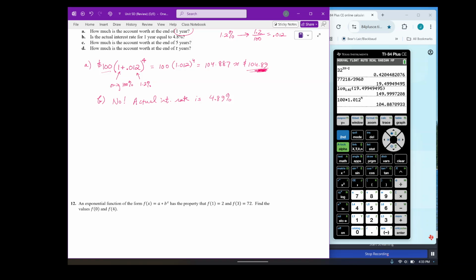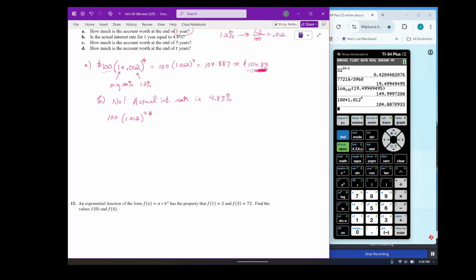But if you wanted to calculate it in a more straightforward, in a certain way, algorithmic way, the way you do it is like this. It's 100 times 1.012 to the 4, and that's for 1 year. For 2 years, it would be 4 times 2.